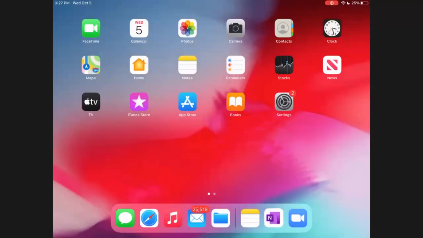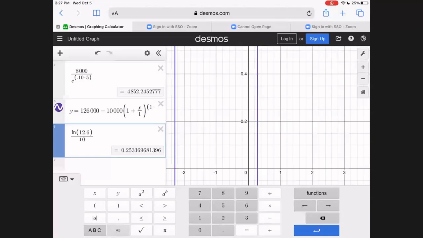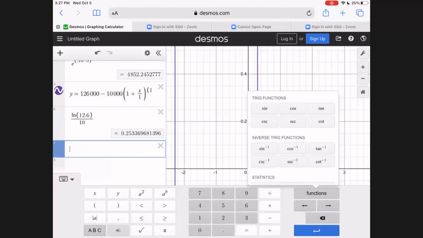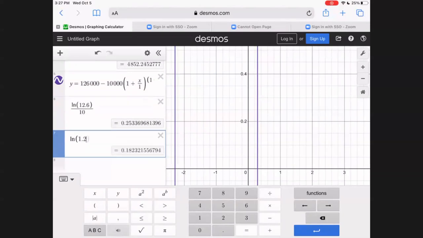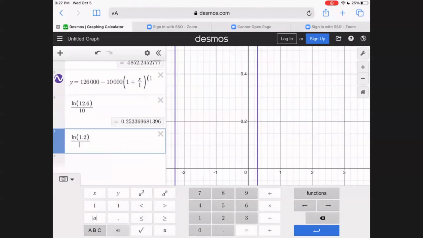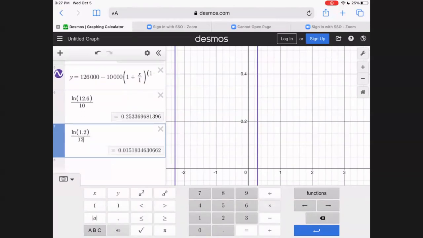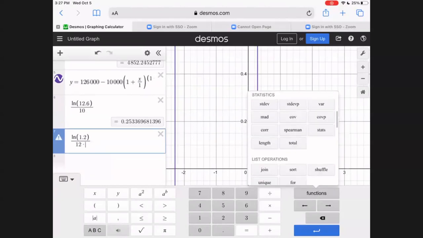So I'll show you how to type this in on Desmos. Remember we go to the bottom here: natural log of 1.2, close parentheses, divided by 12 times, and then we hit the natural log button again.